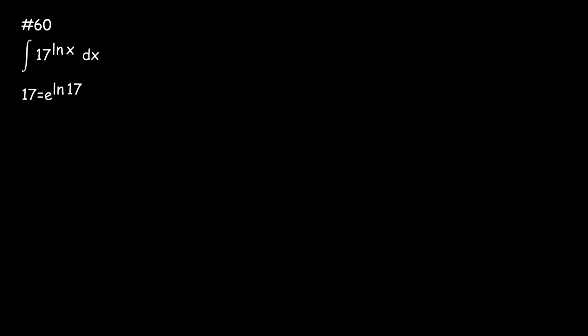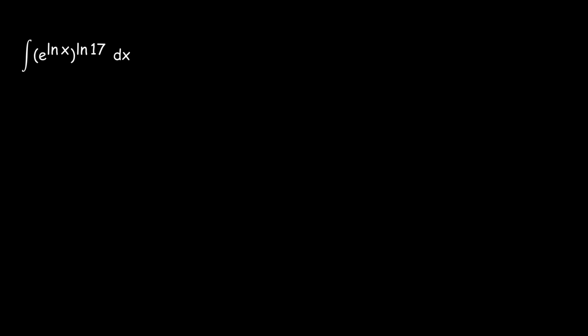Now in this case, if we replace 17 with that value, you see that in the indices we have natural log of 17 times natural log of x. This would be interchanged just like this, so that ln of 17 goes outside because it's just a number, right? So we have now e to the power natural log of x times natural log of 17.